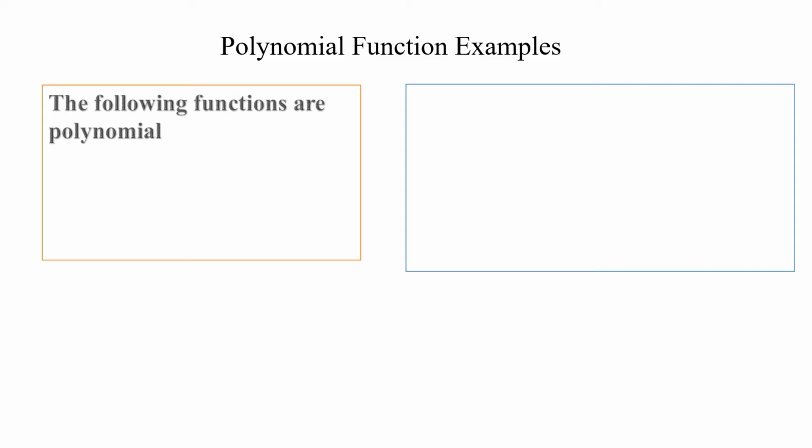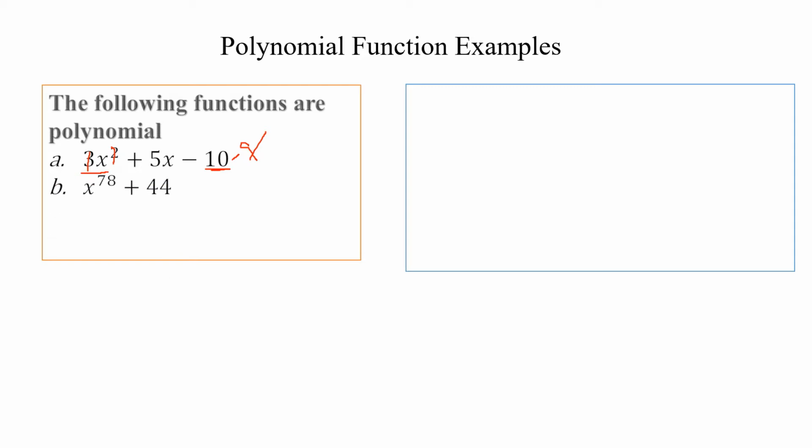The following functions are polynomial functions. First, 3x squared plus 5x minus 10. This is a quadratic polynomial, which means with degree 2, n is 2, the leading coefficient is 3, the leading term is 3x squared, and the constant term is minus 10.